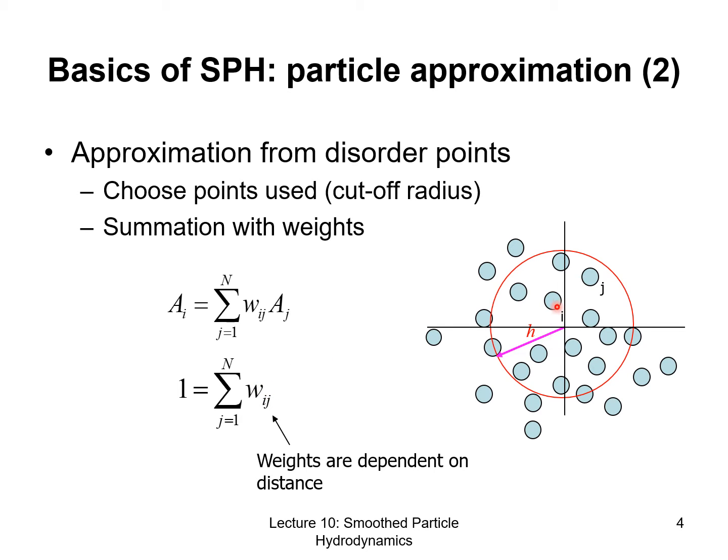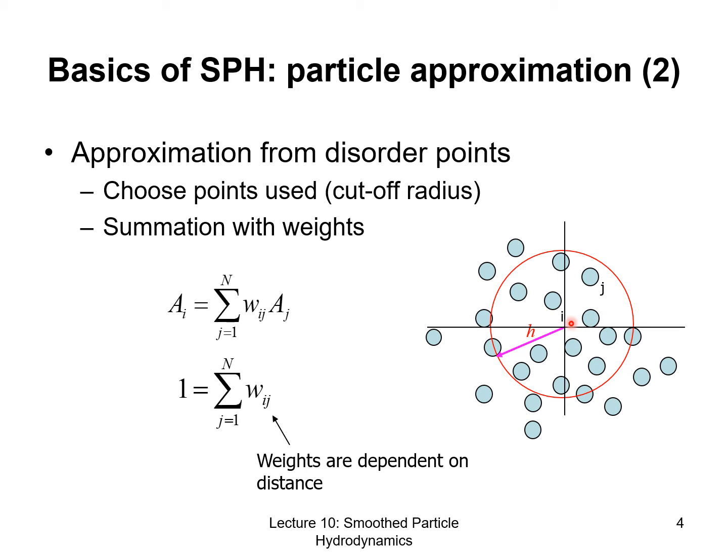And here, as the points or particles are disordered, we don't have the same distance to the point where we would like to have the approximation. So we would like to choose the weight of the approximation depending on how far this particle is away from this point.